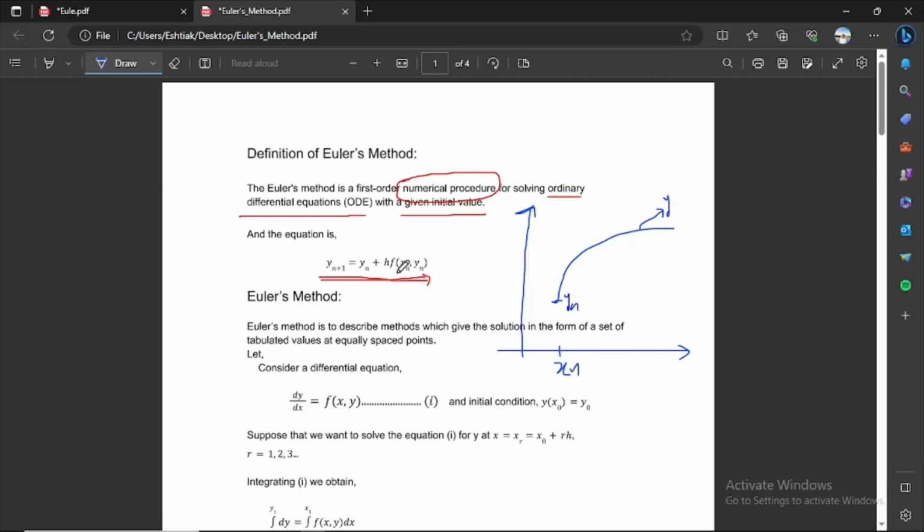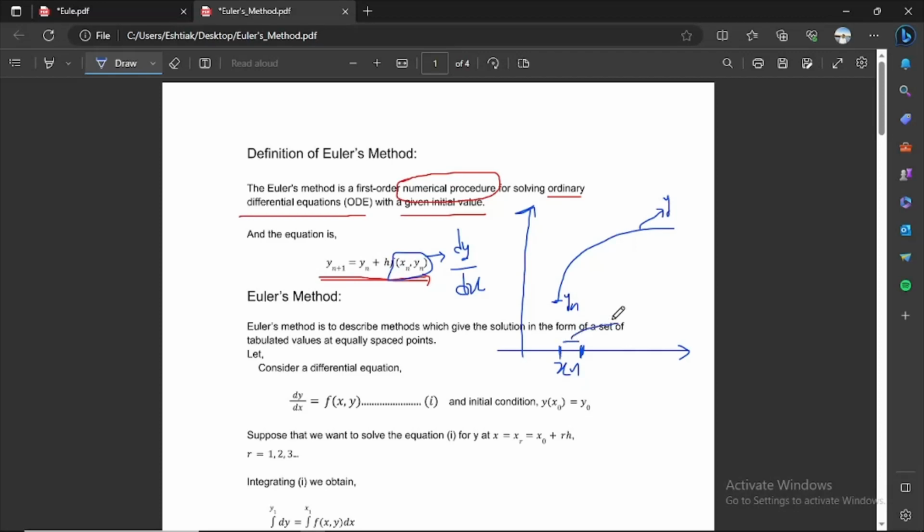This function is the derivative of our main function y, dy by dx, and here h is the difference between two x values.